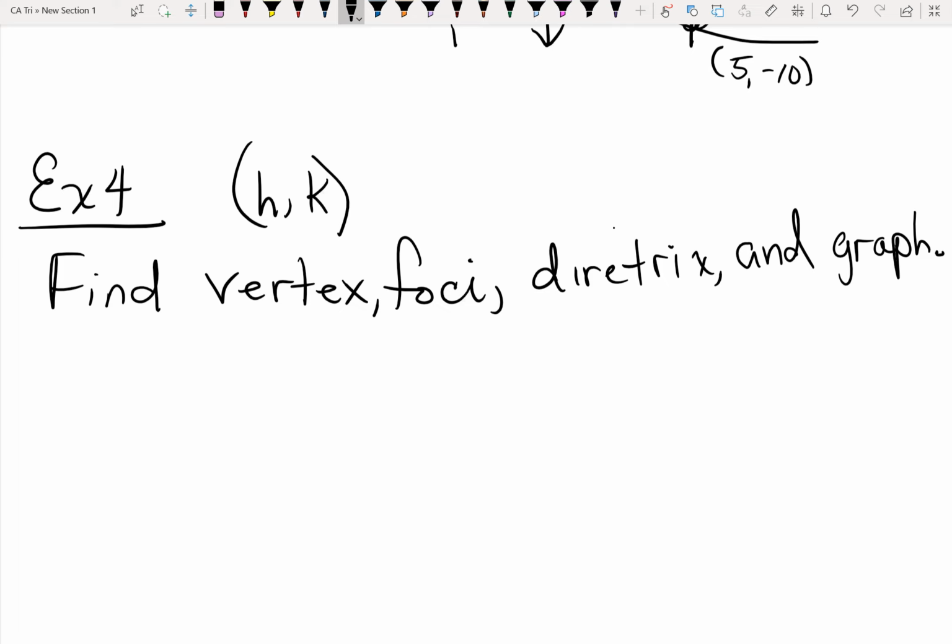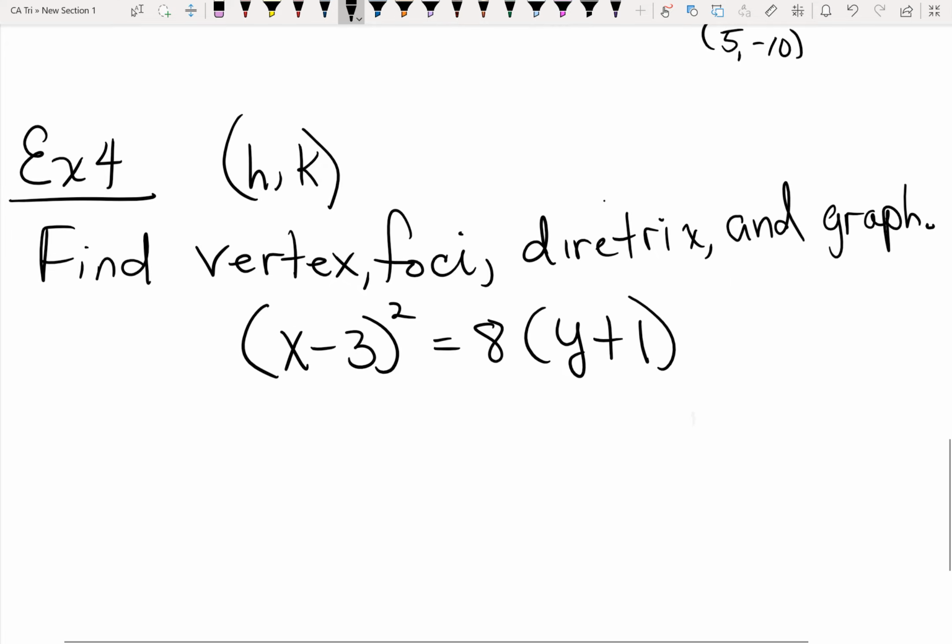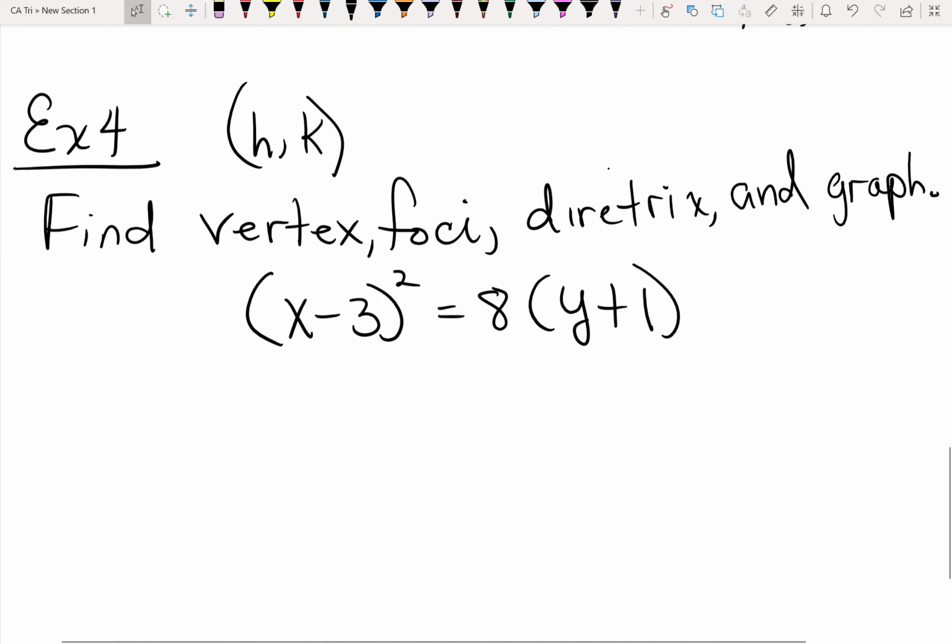Alright, and so if I have (x minus 3) squared is equal to 8 times (y plus 1). Alright, so what I need to start with is, well, first of all, h is equal to 3 according to this, and k is equal to -1. So that's the vertex.